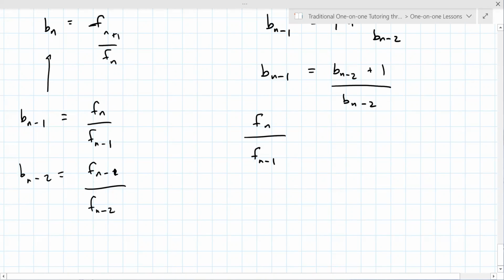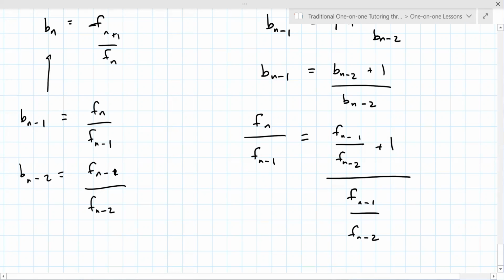Is that right? Yeah. So that would lead us to Fn minus 1 over Fn minus 2 plus 1 over Fn minus 1 over Fn minus 2.